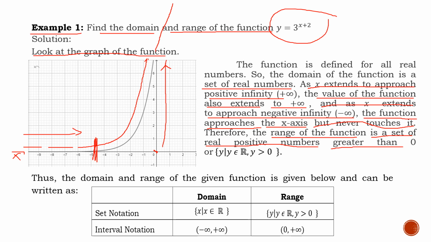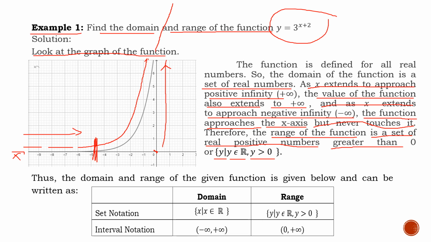That's why your range values, or your y values, is an element of all real numbers, and there's a given condition here that y is greater than 0. Meaning to say that all numbers greater than 0 can be a value of your range of the given function. So it can be positive 1, positive 2, up to positive infinity.